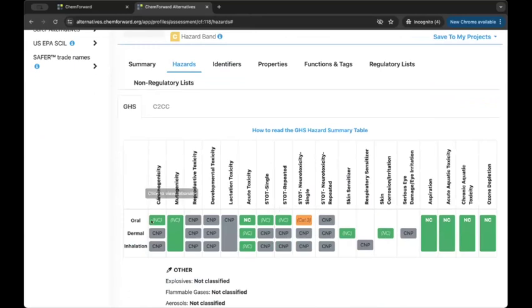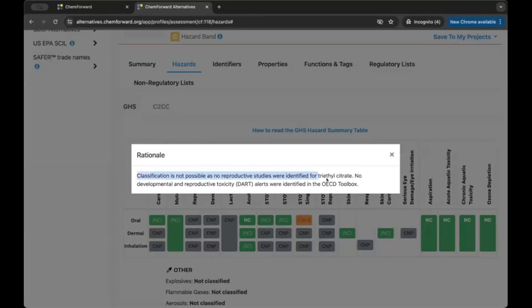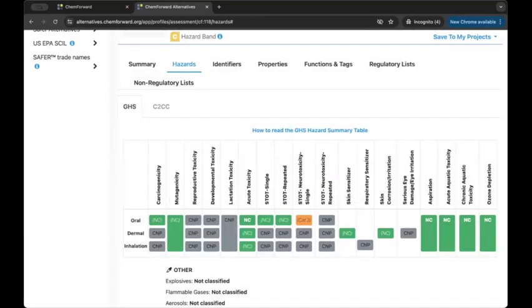And what the user can do is click through each of these particular endpoints, many of which are stratified by exposure route, such as carcinogenicity, reproductive toxicity, and they can click on this to get a really brief rationale as to why the assessor and verifier have arrived at the classification that they did. So all of these in the GHS table are based on GHS classifications for each of those endpoints.